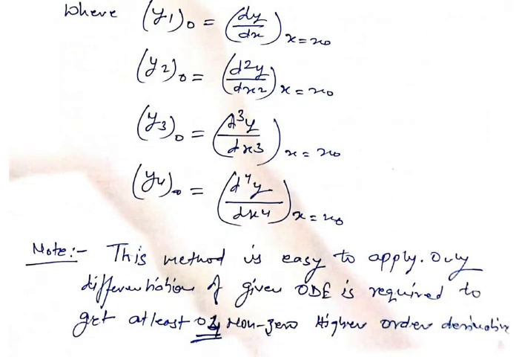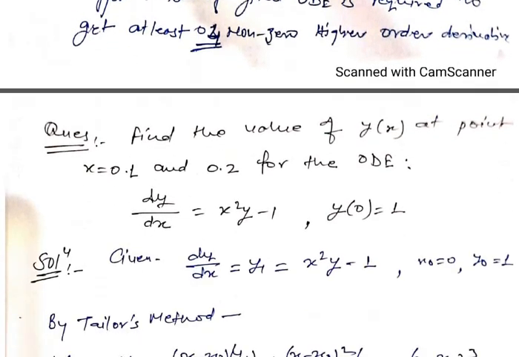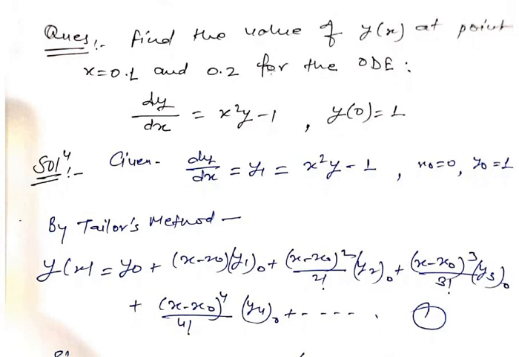Now we will look at a question. Find the value of y at x equals 0.1 and 0.2 for the given ODE, dy by dx is equal to x square y minus 1. The initial value is given as y at 0 is equal to 1.